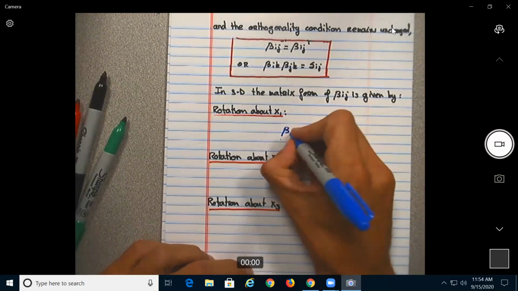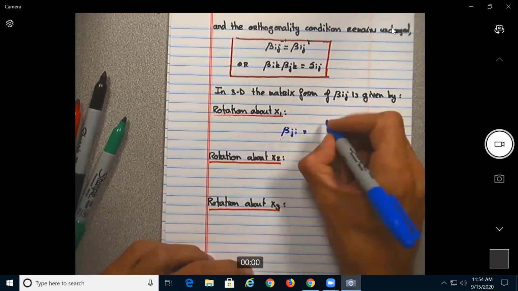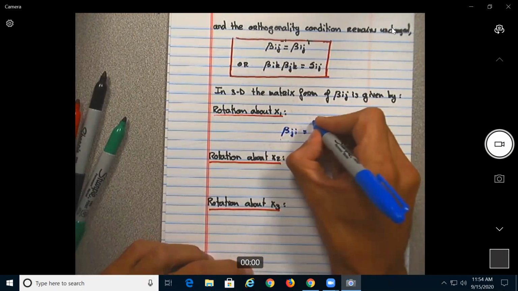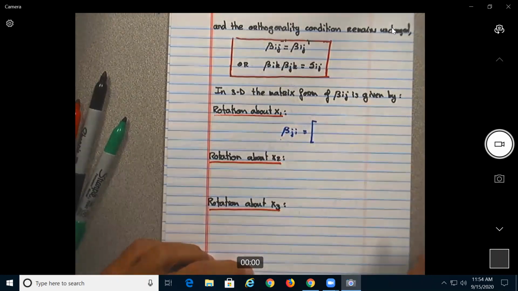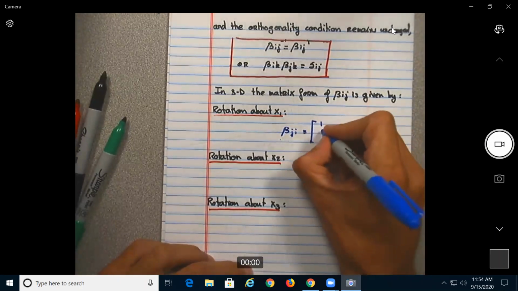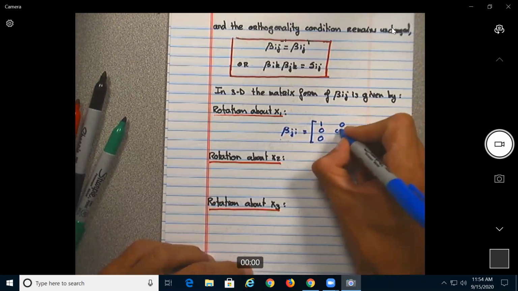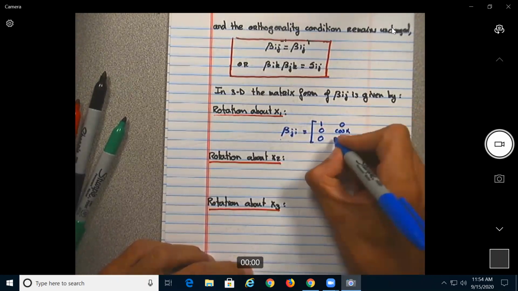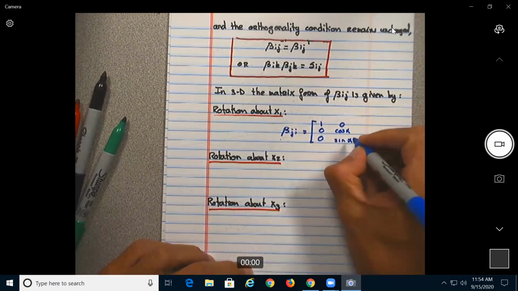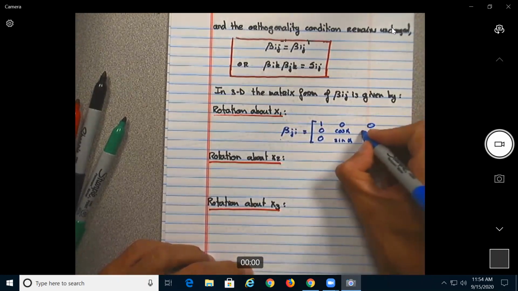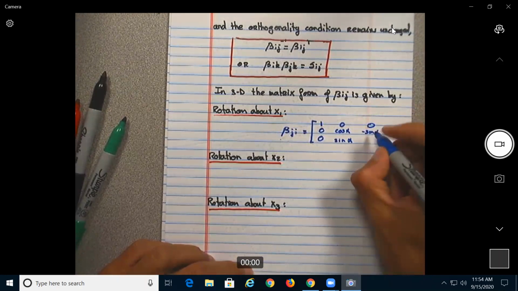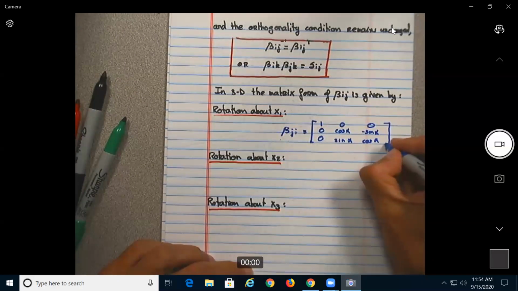So beta ji, I could give you the beta ij, but this one is generally used more commonly. This will be 1, 0, 0, 0 cos alpha sine alpha, 0 minus sine alpha cos alpha.